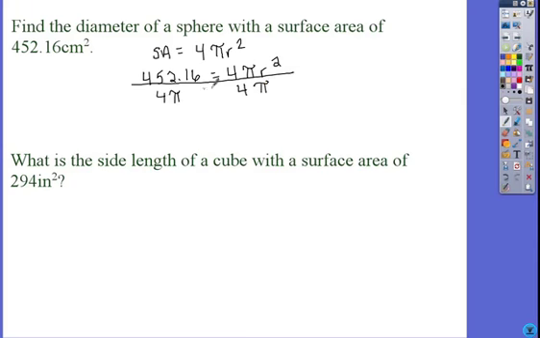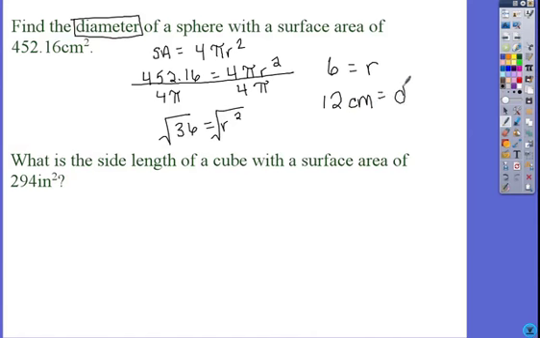You can do this in different steps if you want to, but if I divide 452.16 by 4 and then by pi, we'll do them both at the same time, and it will give me 36 is r squared. So to find the radius, square root both sides. The radius is 6. However, the problem asks me for the diameter. If the radius is 6, the diameter is twice that, so 12 centimeters is the diameter.